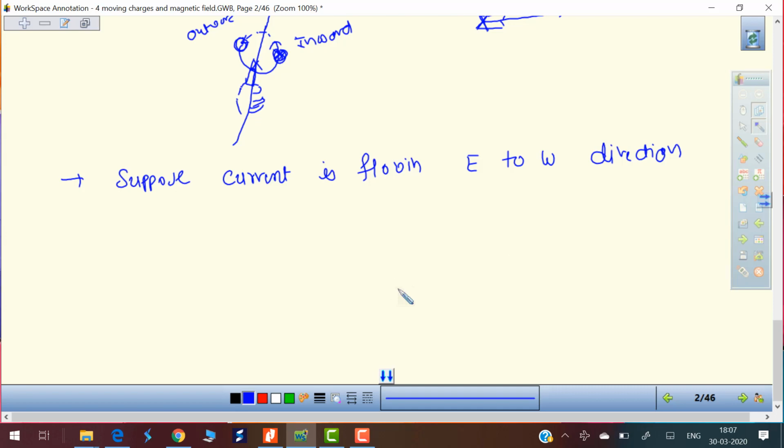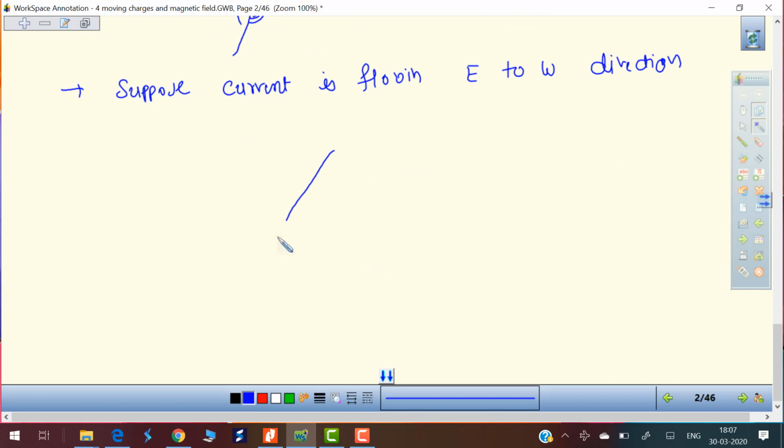So first I take one conductor. This is the east side, this is the west side, this is the north side, and this is the south side. We all know. This is the plane, and this is the conductor, and current is flowing in this direction.